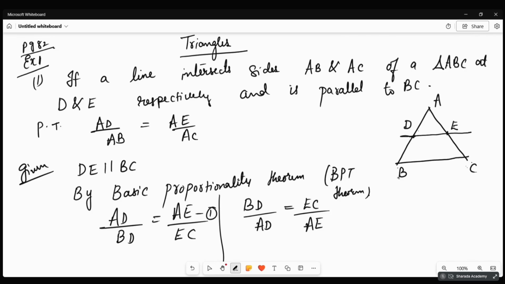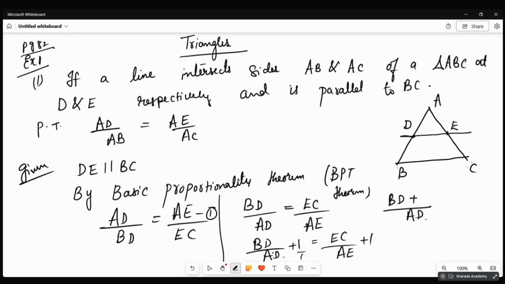AD by BD is equal to AE by EC. Now I am taking the reciprocal of both. So BD by AD is equal to EC by AE. Now I will add 1 on both sides. So what I will get? BD by AD plus 1 is equal to EC by AE plus 1. I'm taking the LCM, which will be AD here.